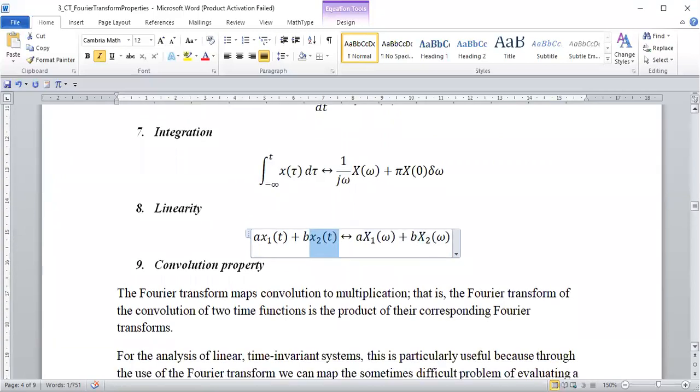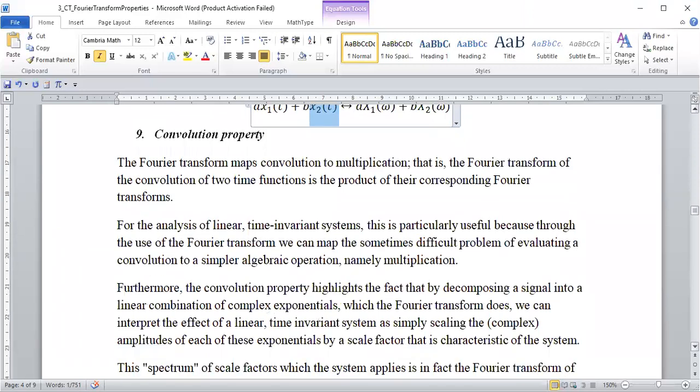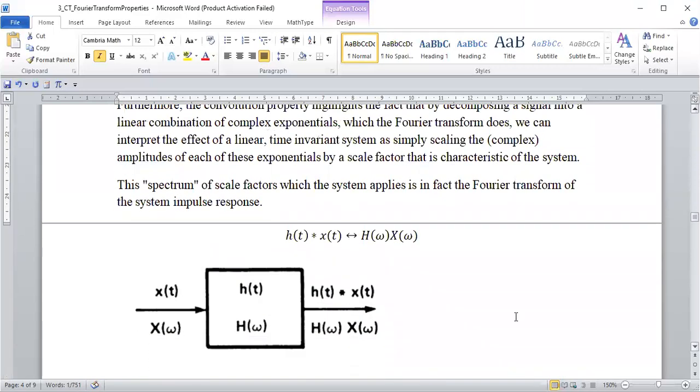The convolution property of the Fourier transform simply says that when we perform convolution in the time domain, it has the same effect as multiplying in the frequency domain.